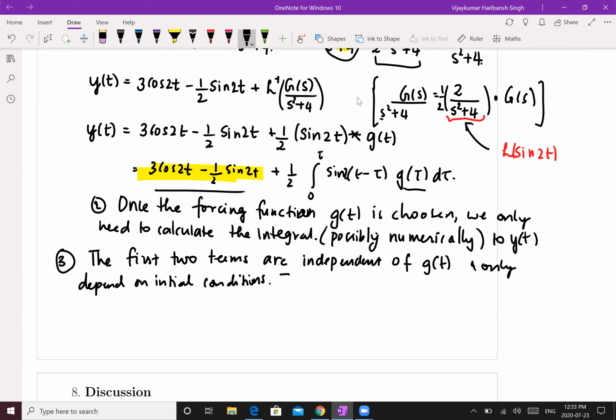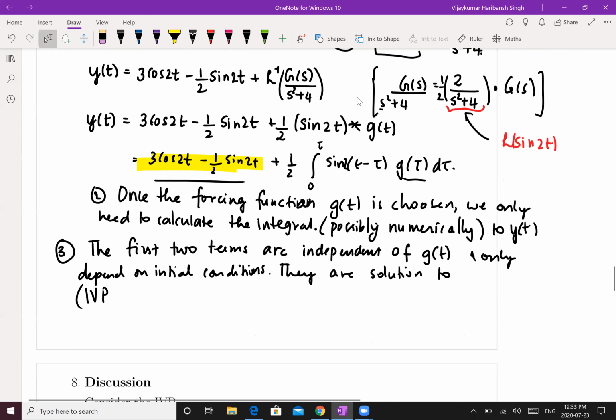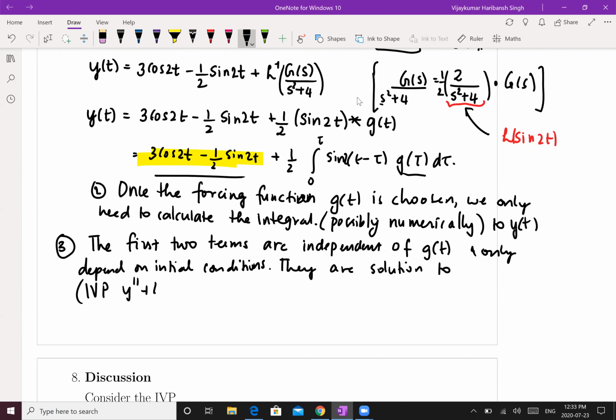They are the solution to the homogeneous IVP y double prime plus 4y equals 0, with y of 0 equals 3 and y prime of 0 equals minus 1.